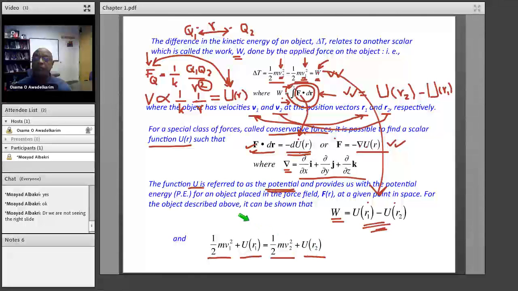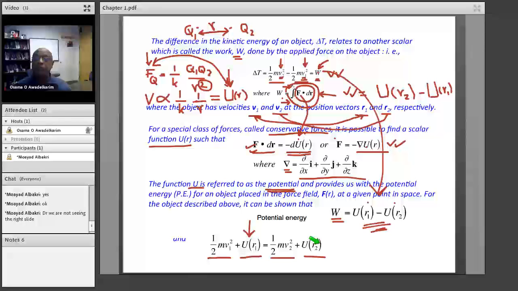Now, this scalar potential is normally referred to as the potential energy. So the potential energy here is the value of this scalar potential in position 1, and the potential energy there is the value of this scalar potential in position 2.